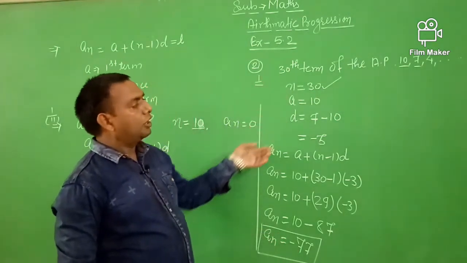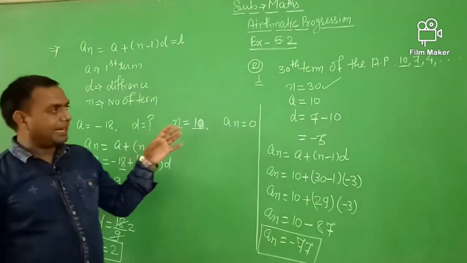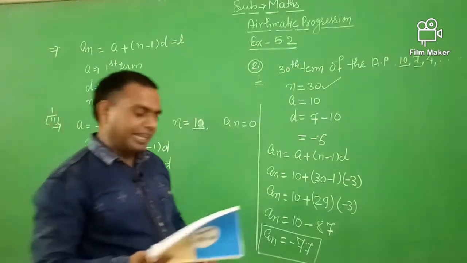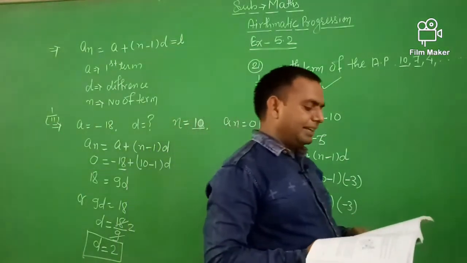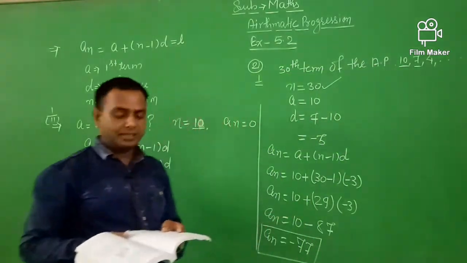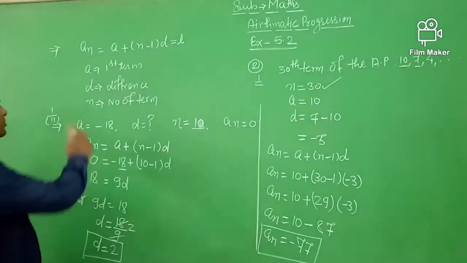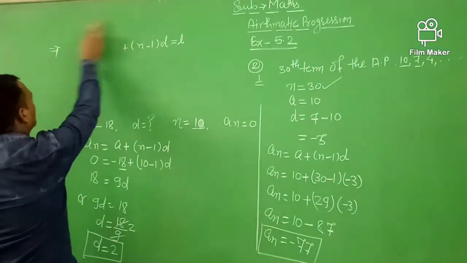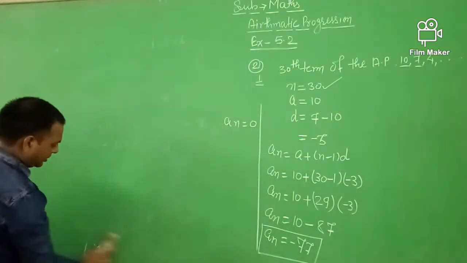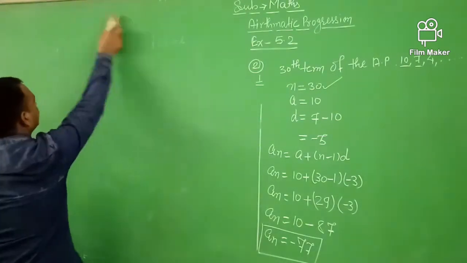I think all of you understand. If such things are given, then you solve these problems like this. We are going to the next problem: in the following APs, find the missing terms in the box. How can you find the missing terms? Suppose some questions are given, so I will solve one. If the missing terms are given, how can you solve these problems?